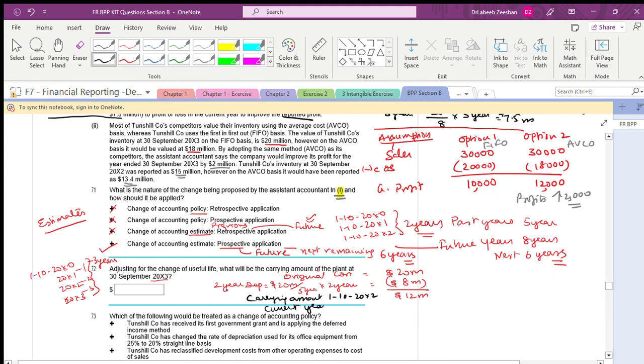Now current year depreciation is how much? 12 million divided by how many years? 6 years remaining. It comes to 2 million. So what is the carrying amount? Carrying amount is going to be 10 million.